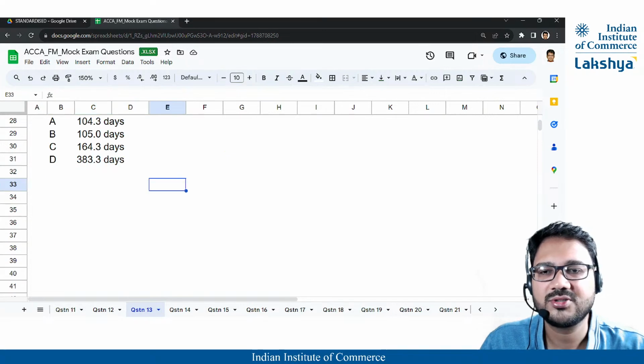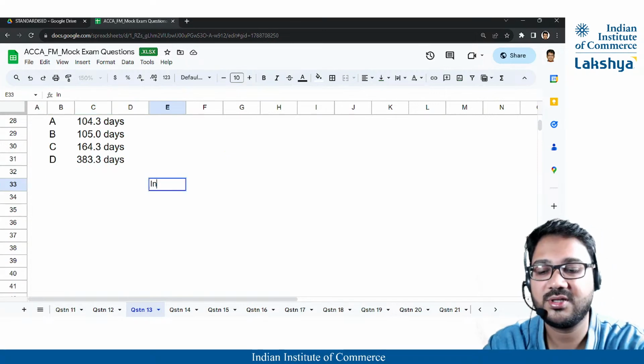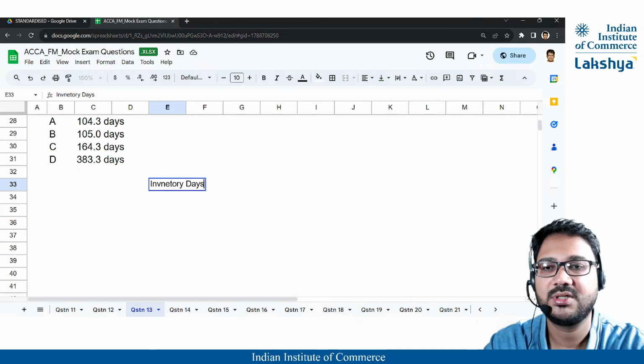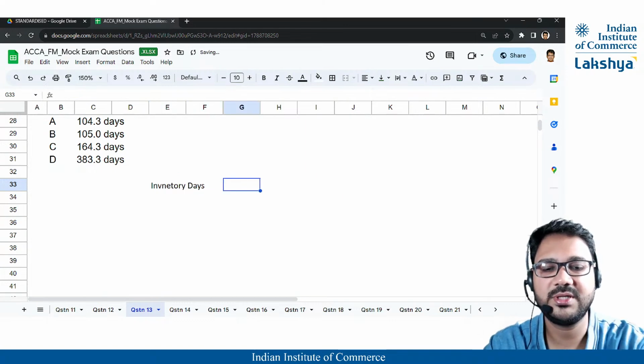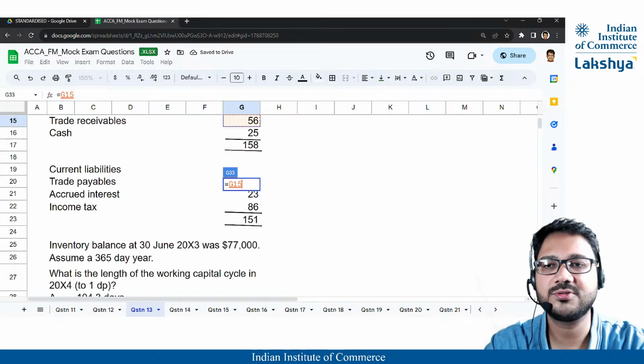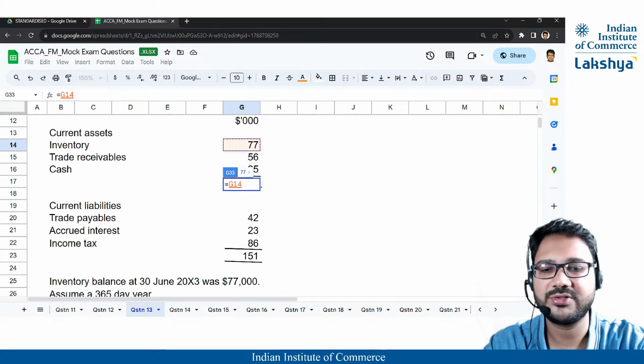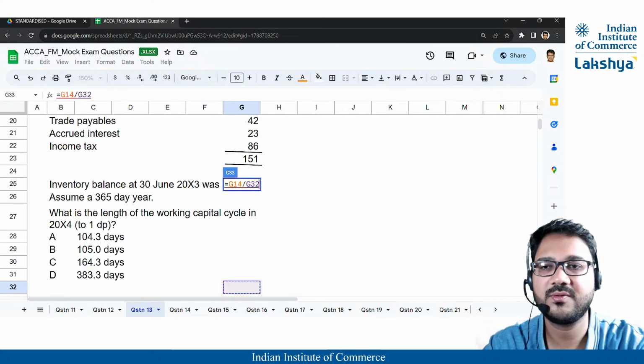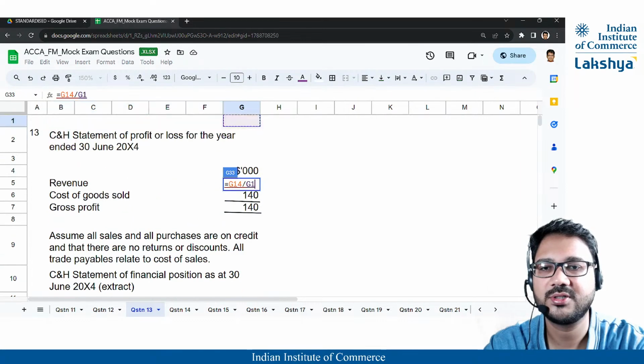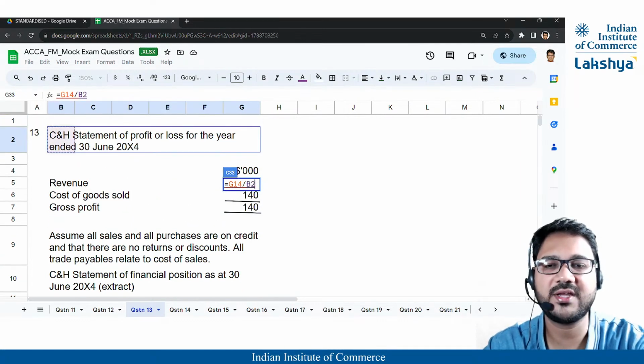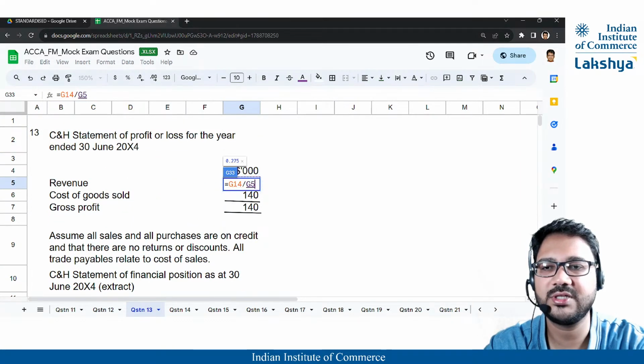So let's quickly do that calculation. Inventory days will be equal to inventory divided by cost of goods sold, into 365. If two years were given, you would have taken average inventory, but we just have data relating to one.